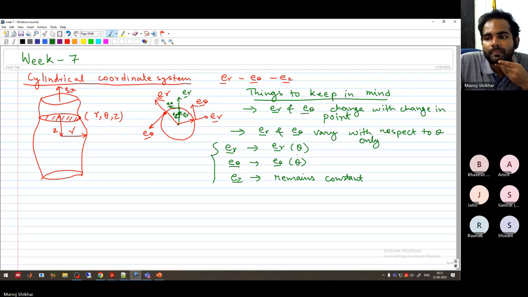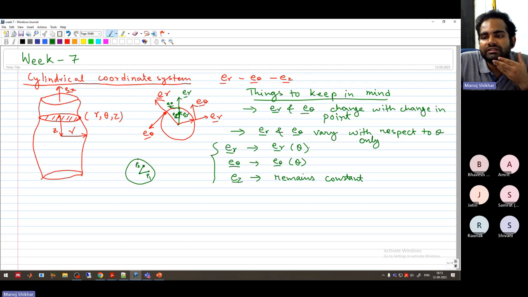Only when we move along the theta direction will e_r and e_theta be different. This is what we mean. That's why they are functions of theta only.